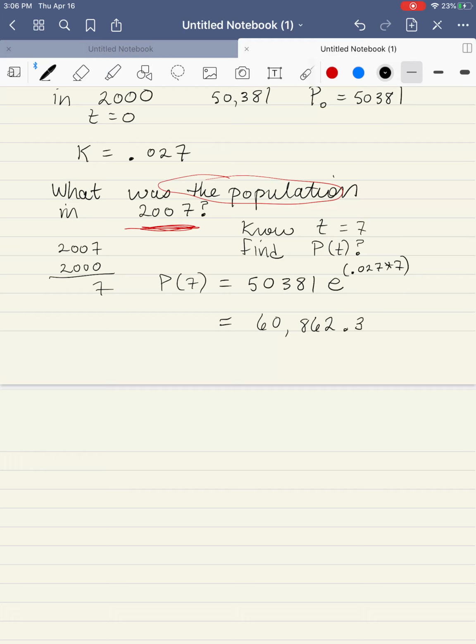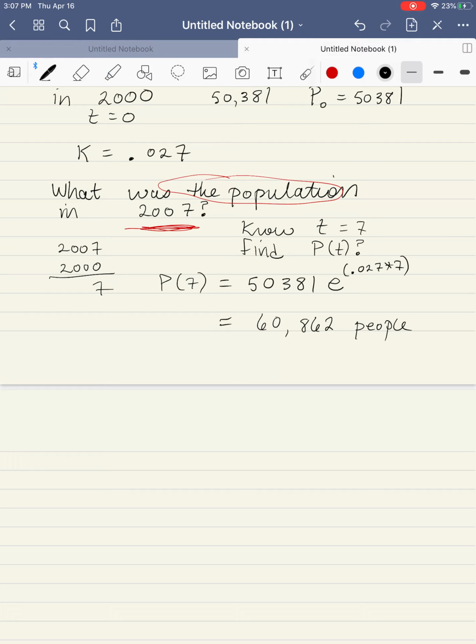And I get 60,862.31. So in the year 2007, using this model, we'll have approximately, and I'm just going to go ahead and round this to the nearest person, approximately 60,862 people living in our town here.